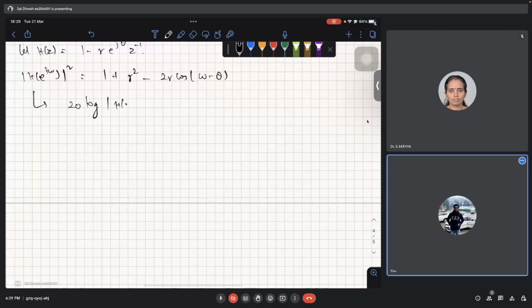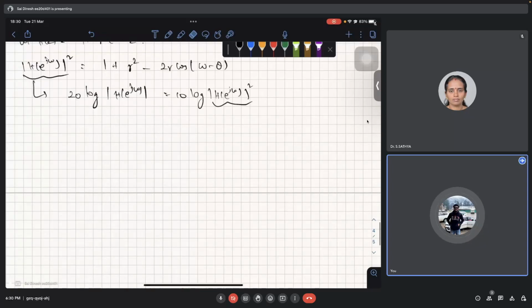And then we usually talk about the magnitude response, and then find 20 log mod of H e^j omega, right? So these two are the same. So we are talking a bit about it in the dB scale now.